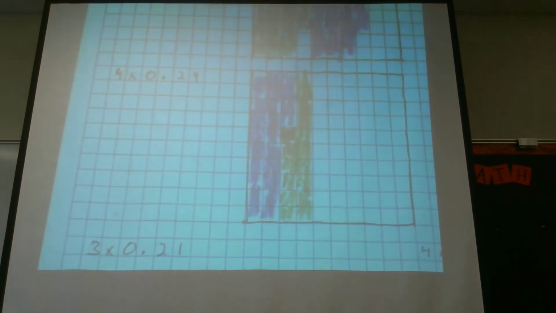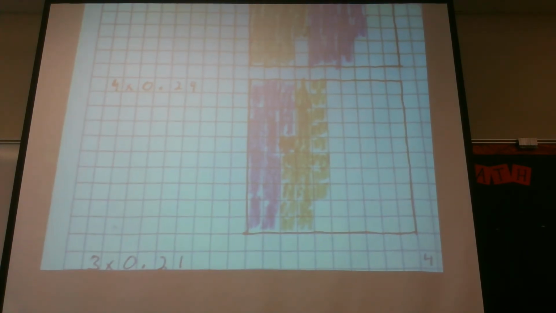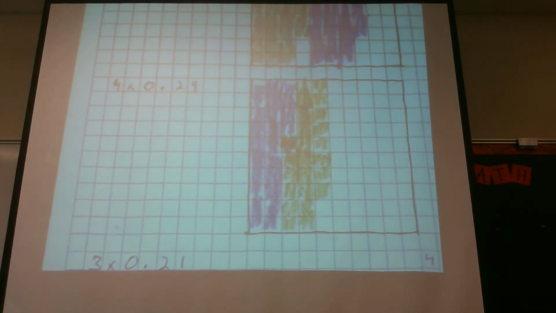That's 10, 11, 12, 13, 14, 15, 16 hundredths, 17, 18, 19, 20, 21, 22, 23, 24. So we have two groups of 24 hundredths.